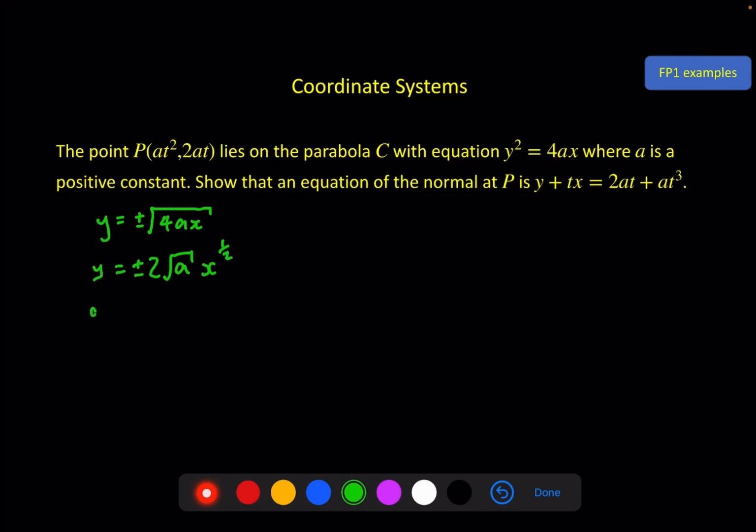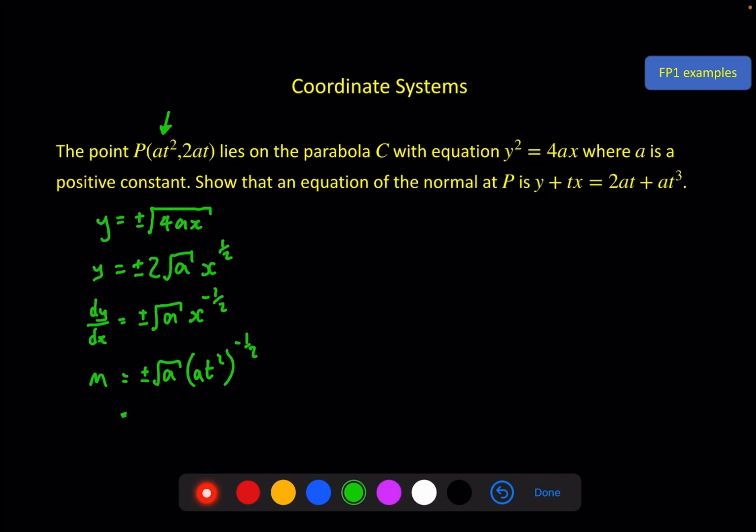Differentiating this, the half comes down and cancels with the 2, so we get plus minus root a x to the minus a half. And at the point P, the x-coordinate is a t squared, so our gradient here is going to be plus or minus the root of a times at squared, all to the minus a half.